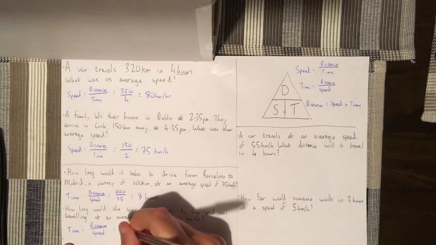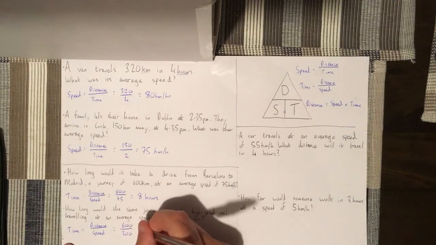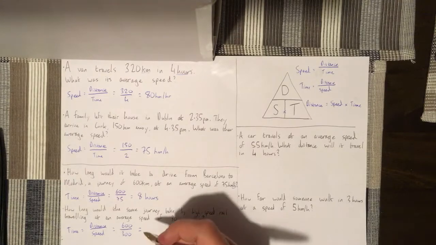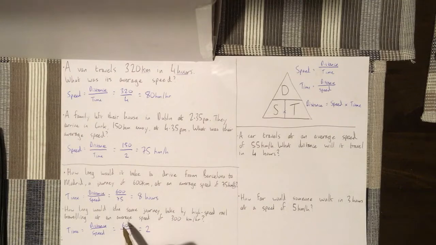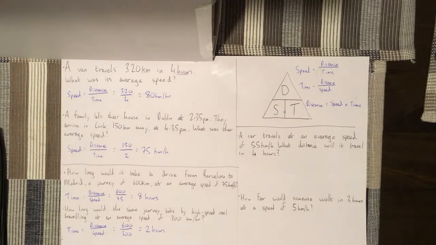It's still 600 kilometers, but this time my speed is 300. So on your calculator, 600 divided by 300 is 2. It was kilometers and kilometers per hour in, so it's hours that you get. Okay, so 2 hours for that one.